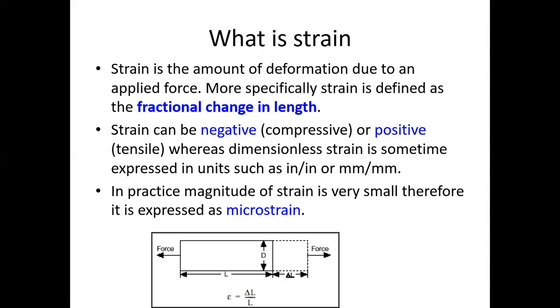In practice, the magnitude of strain is very small, therefore it is expressed in micro strain. This is the diagram showing the strain. When the force is applied away from the object, then the length will be increased. That is delta L, and the strain is equal to delta L upon L.